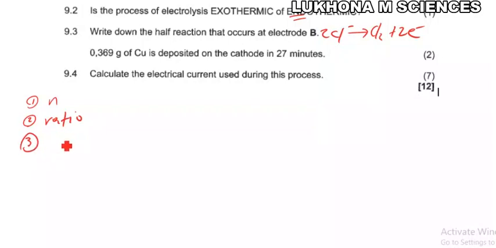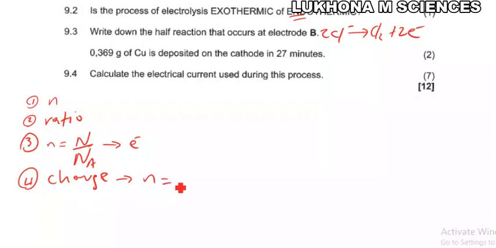Number 3, after the mole ratio, we calculate the number of particles, that is the number of electrons, using n is equal to N over capital N. Then number 4, we are going to calculate the charge from the number of electrons using the formula n is equal to Q over Qe, meaning that this n now is the number of electrons.